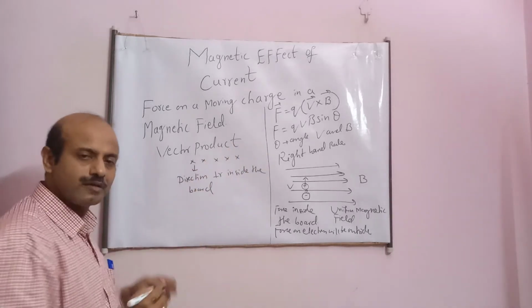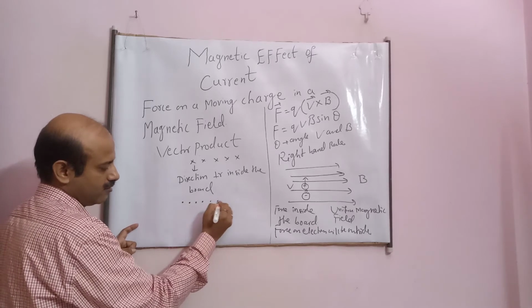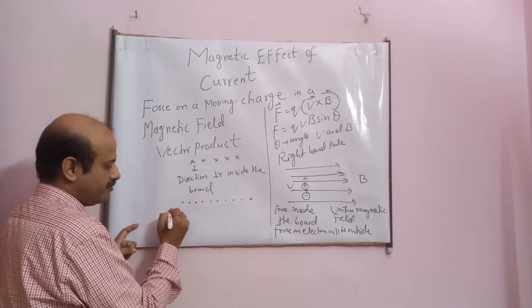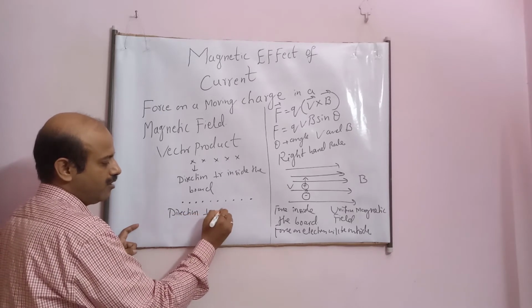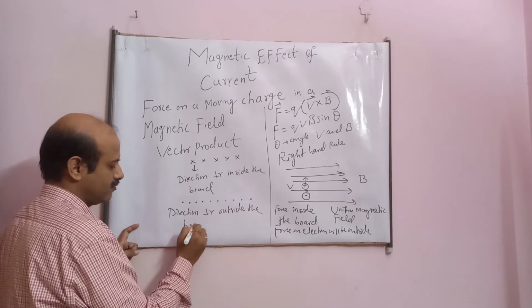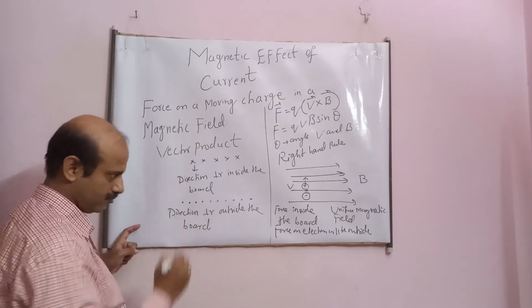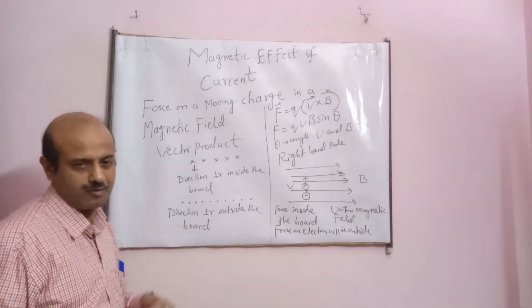When dots are written, this means the direction is perpendicular outside the board. This denotes direction inside. This denotes direction outside.